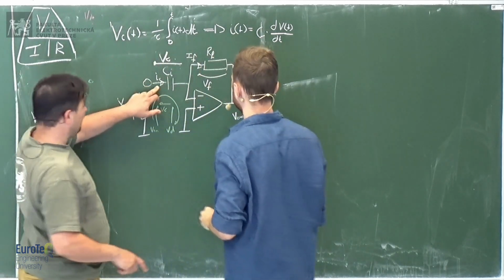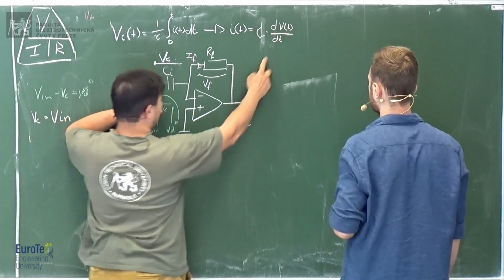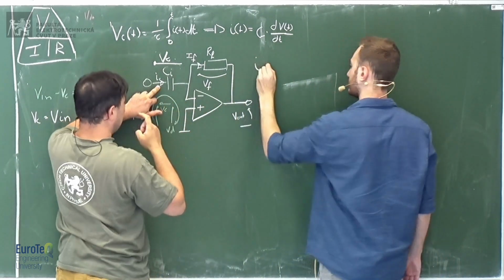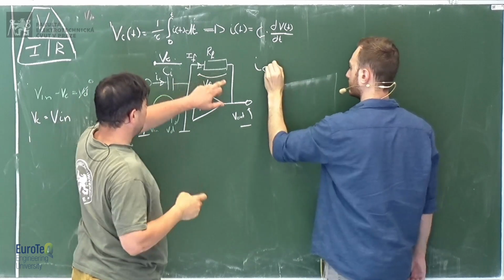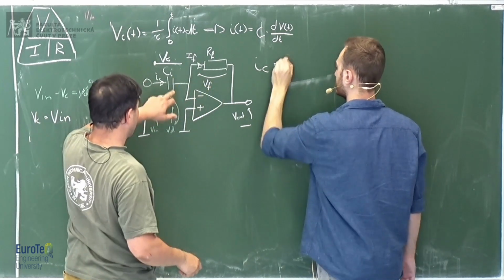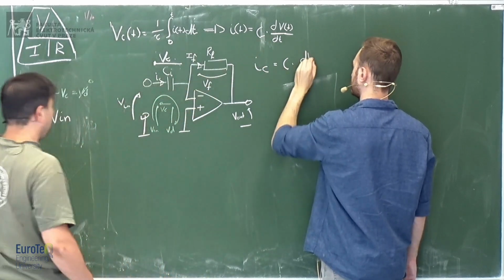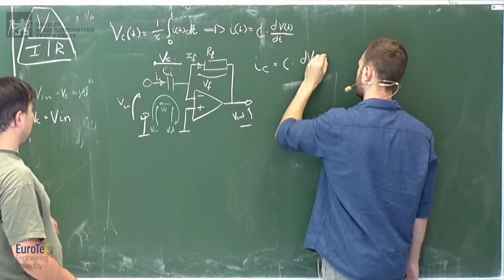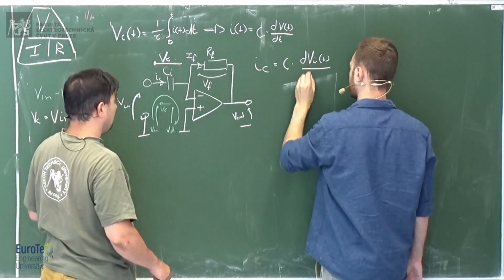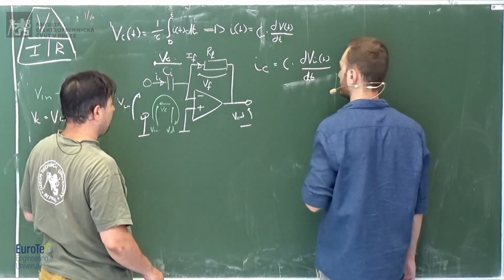So you can say that IC is equal to the capacitance C times the derivative of V in with respect to time, okay?